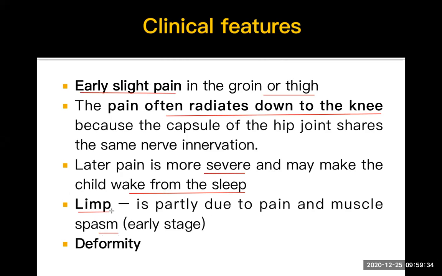Limping, the child cannot completely bear weight in that hip joint. And if the head of the femur is badly damaged or destroyed, and if pathological dislocation occurs, then there will be deformity of the lower limb. Okay, you already talked about that in hip dislocation class.